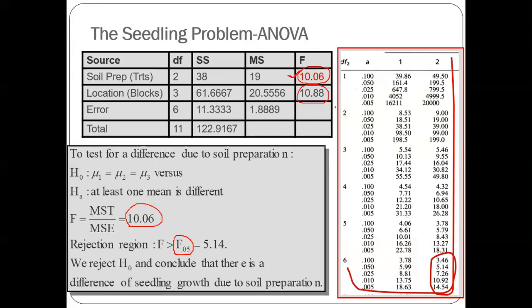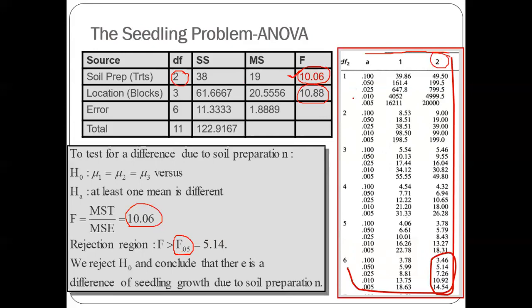Okay, now in the F table, as I mentioned earlier, the value above refers to the numerator, that means the degree of freedom for treatments, that is 2.